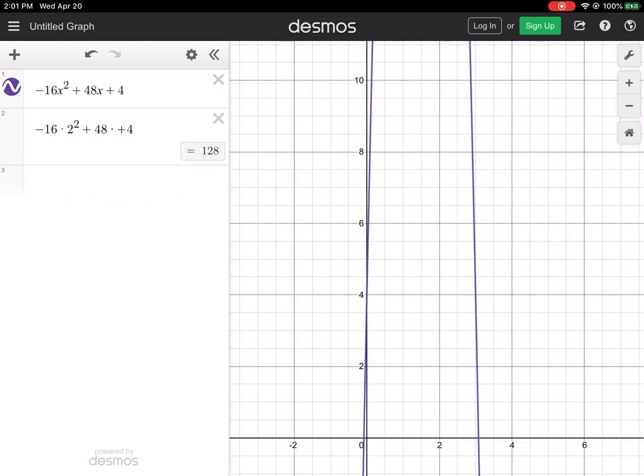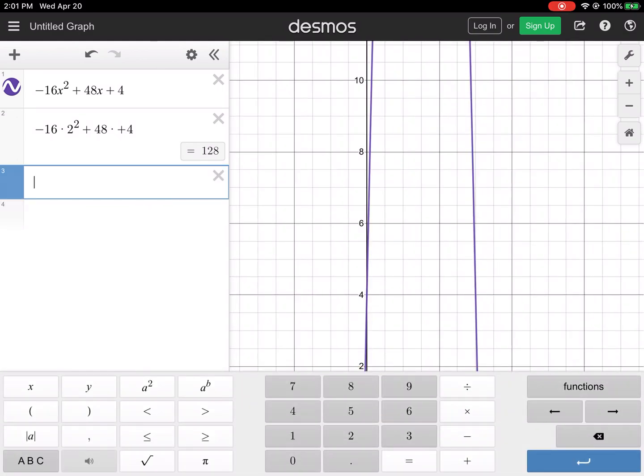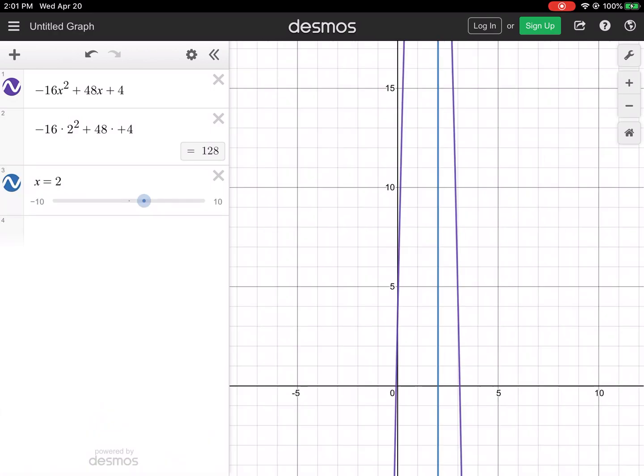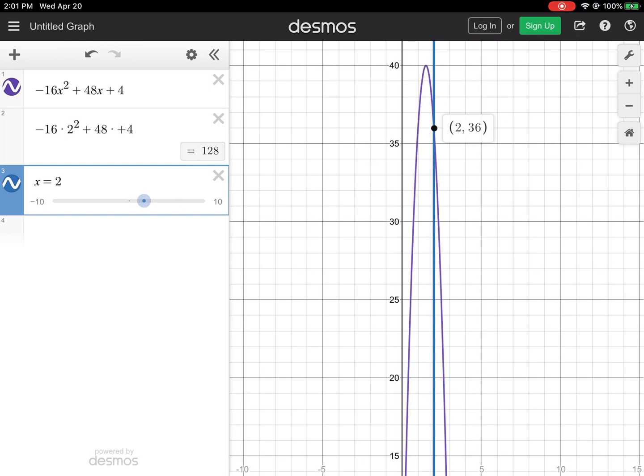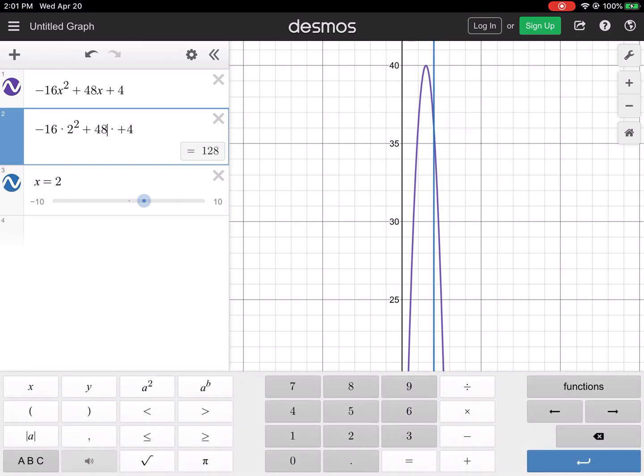I guess we have to see where x equals 2. Sorry, so I want x equals 2 because x is our time. And I forgot 48 times 2. Why is this not working? X equals 2.